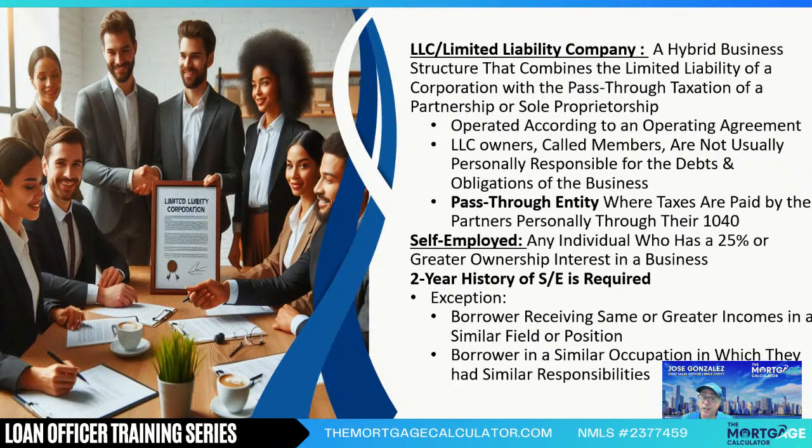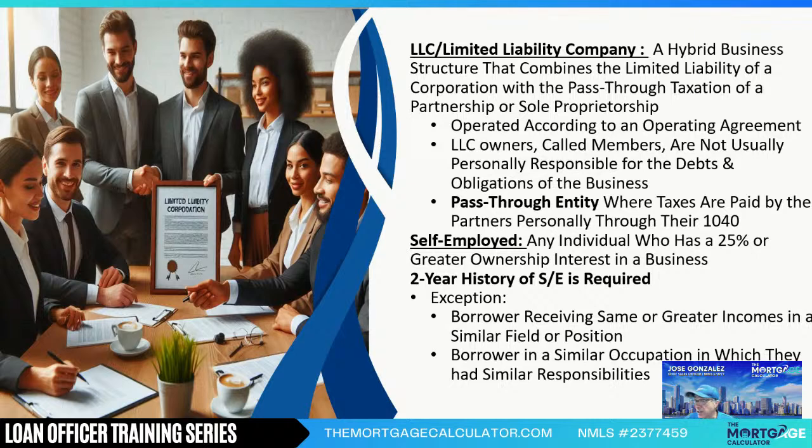They formed their LLC, and now they're self-employed, right? But they're still a doctor. They're still doing the same occupation that they had when they were a W-2 employee. So we would probably be able to use that income as long as we have at least 12 months worth of income for that income stream.